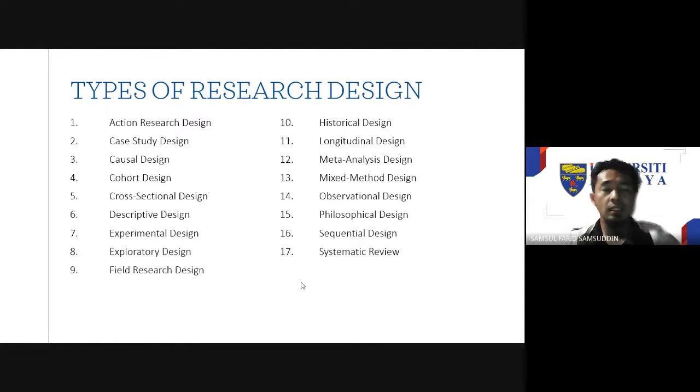Right, this list, or maybe more than this, is out there: types of research design. Action research design, case study design, causal design, cohort design, cross-sectional design, descriptive design, experimental design, exploratory design, field research design, historical design, longitudinal design, meta-analysis design, mixed method design, observational design, philosophical design, sequential design, and also included here, systematic review, which can also be called a type of research design nowadays.